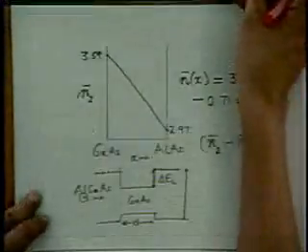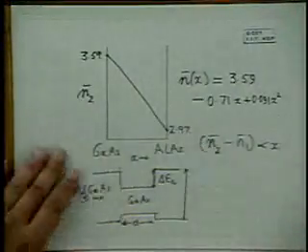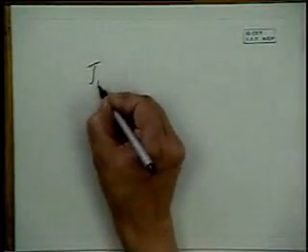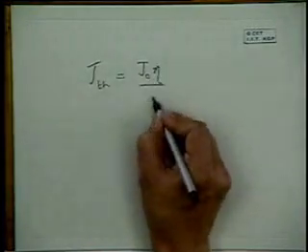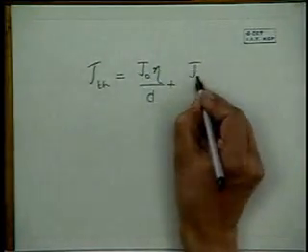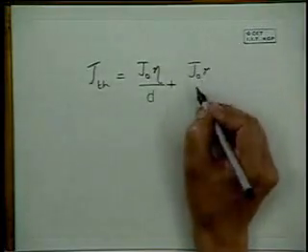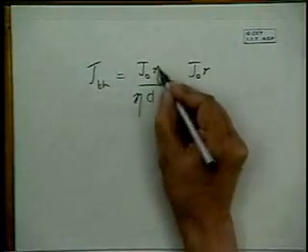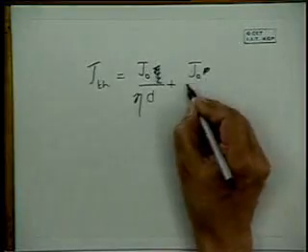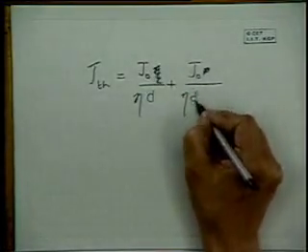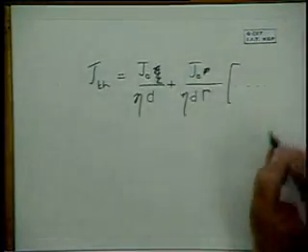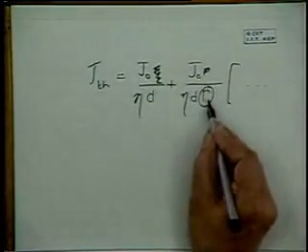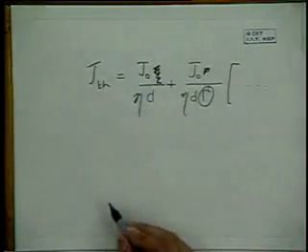And if you remember the relation for JTH, J0 eta by d plus J0 no, and gamma is in the denominator, right? So we want high gamma to reduce JTH.